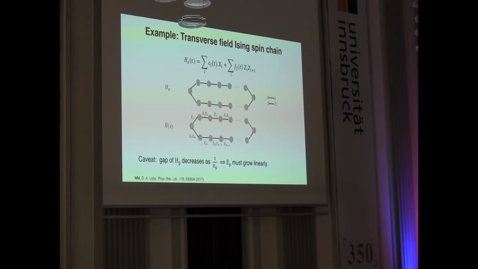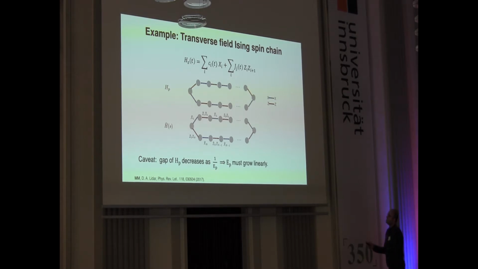There's a caveat here: how about the gap of this penalty Hamiltonian itself? As I mentioned, the idea here is that we are focusing on the gap of this Hamiltonian so that whenever there's some excitation, we know that the environment has to at least pay some amount of energy. This Hamiltonian itself can be gapless in general.